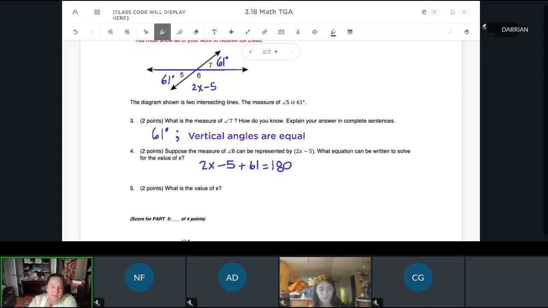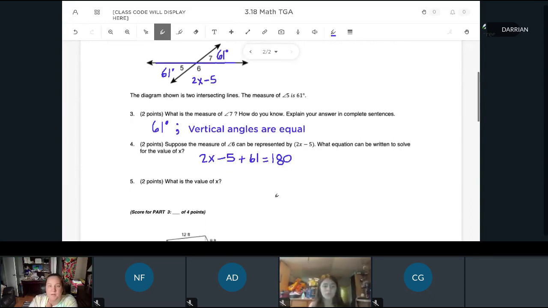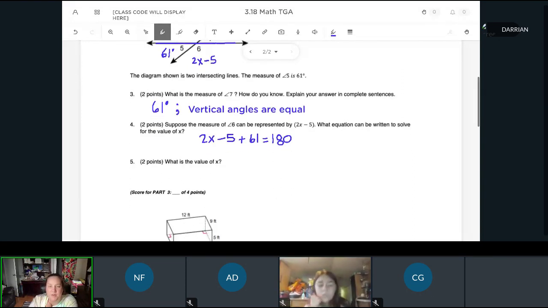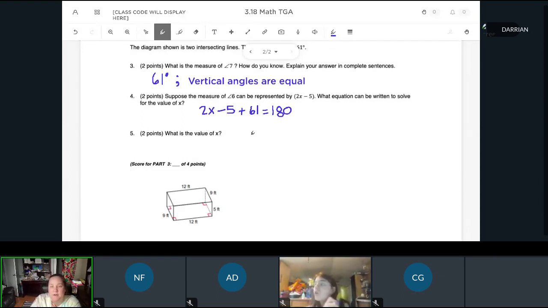All right, number 5, we're solving for x. So if we're solving this equation right here, let's go ahead and rewrite it down here. So I'll scroll up a little bit because we don't need all that anymore. So let's write it right here.